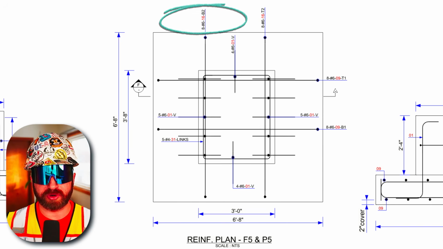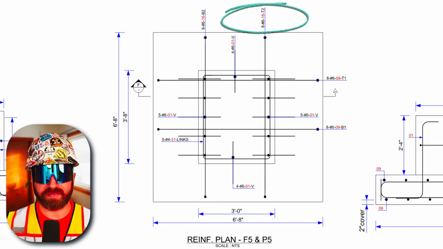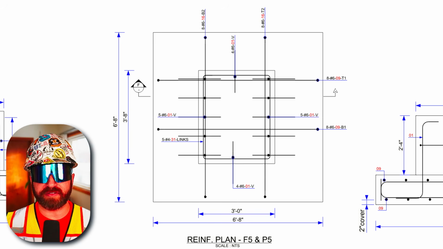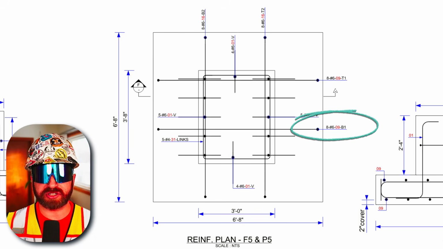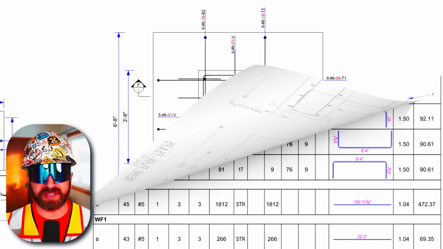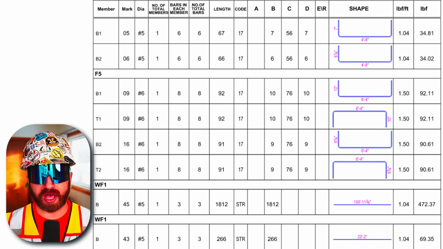There is 8-6-16-B2, and then we have 8-6-16-T2, and then there is 8-6-09-T1, and finally we have 8-6-09-B1. So let's go check these out on our bar chart or our bar schedule on the next page.